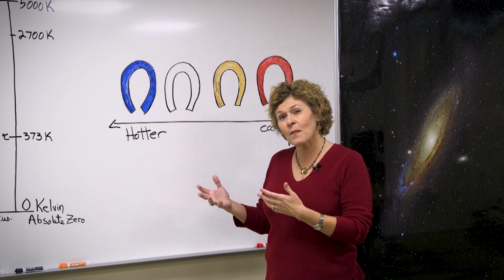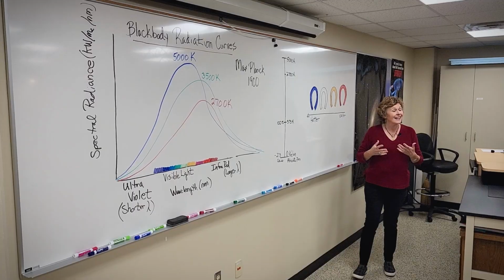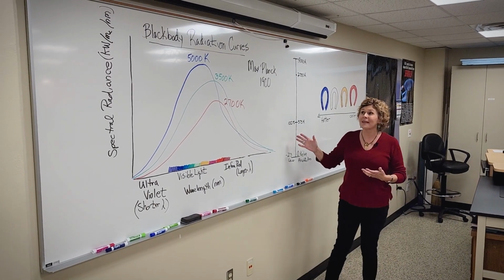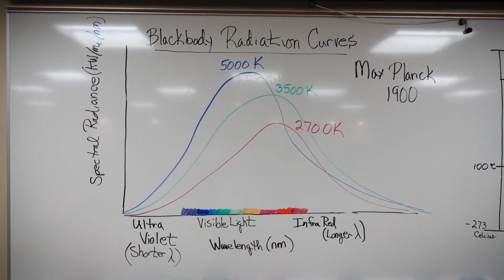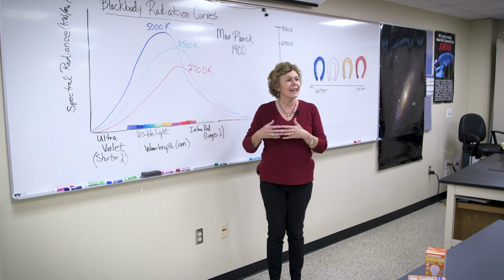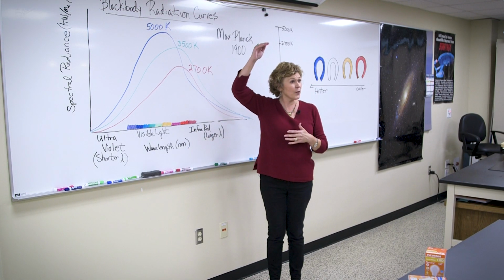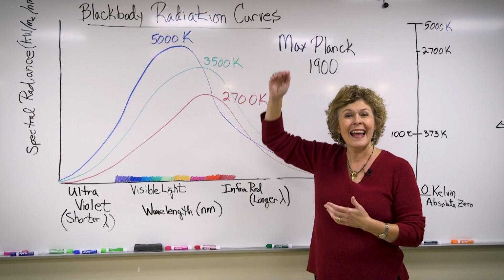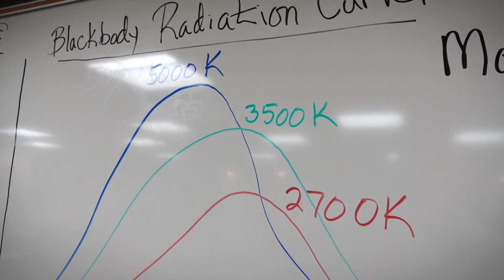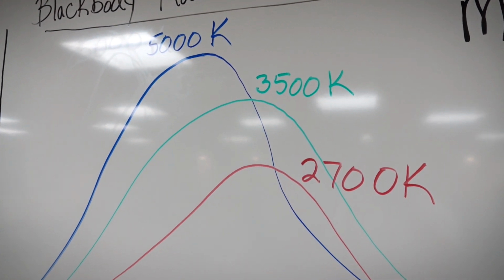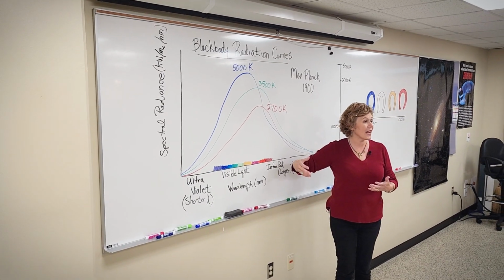Due to the work of Max Planck and his colleagues, they developed what are called black body radiation curves. If you get an object that gets really hot, it has a peak temperature, the hottest temperature it gets, and the dominant color corresponds to the temperature of the object.